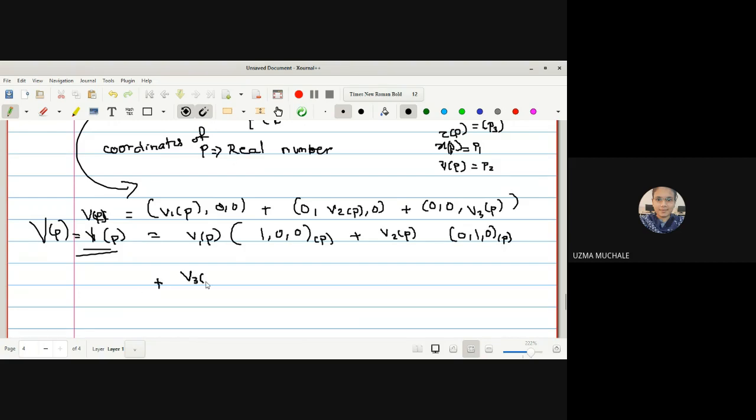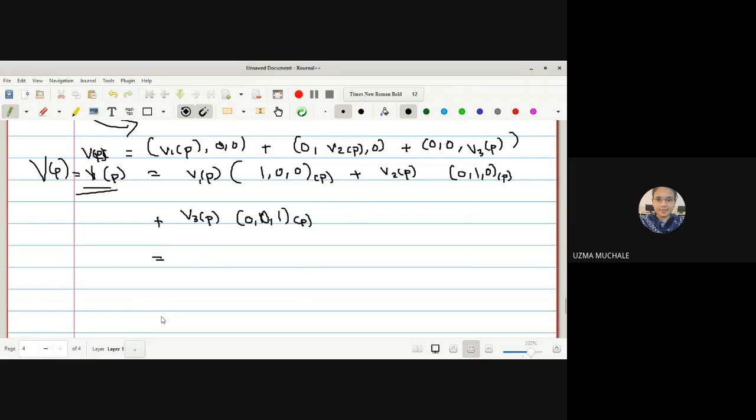Plus V3 if I take outside, what remains is 0, 0, 1 evaluated at a point P. So the value of the vector field V evaluated at a point P will go to one tangent vector. From the whole vector field we simply go to one point, and there you will get a tangent vector, right?